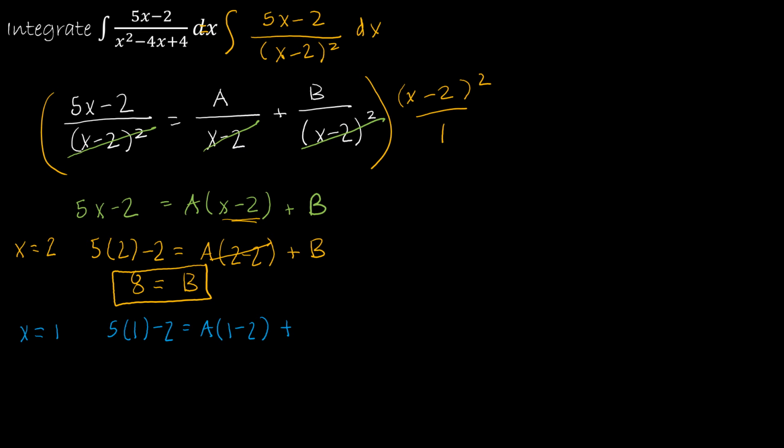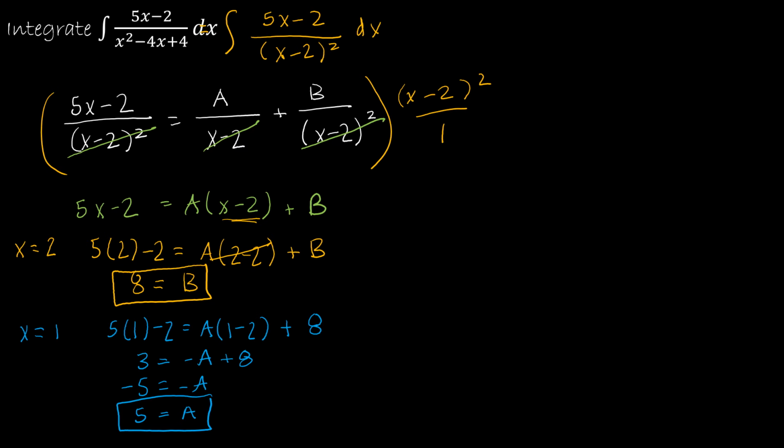And then instead of b, I'm going to replace b with 8 because I already know that b is 8. So now I have 5 minus 2, which is 3. I have a times 1 minus 2, so I have negative a plus 8. And I end up with, subtracting 8 from each side, negative 5 is negative a, so positive 5 is positive a. So that's probably the easiest way to go about it.